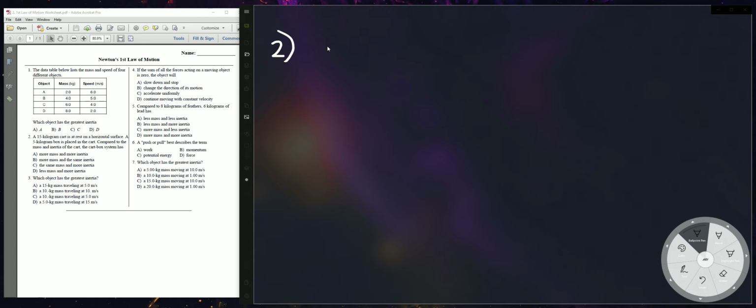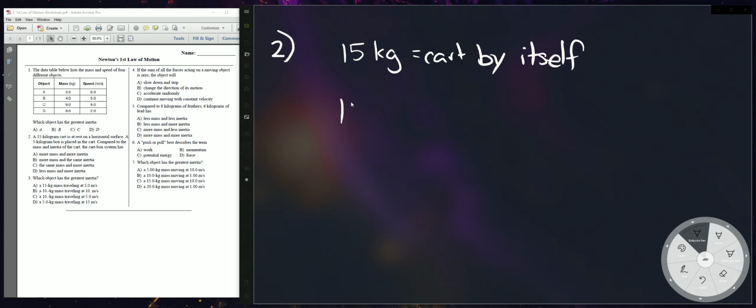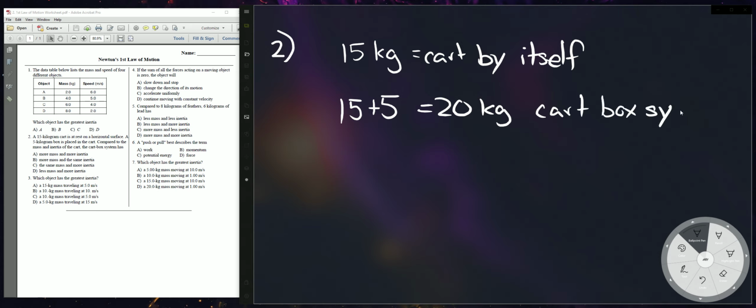So you have a cart by itself, and then you have a cart-box system. Not only are you taking the cart, you're taking the box too. You're adding both of them.